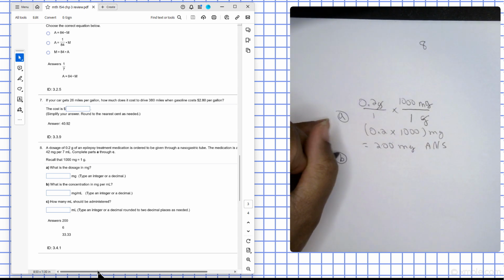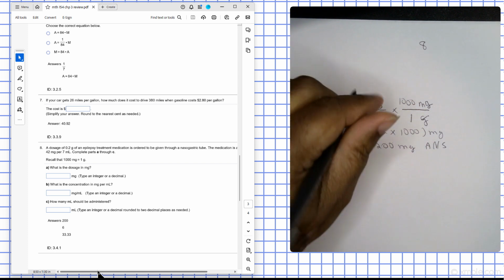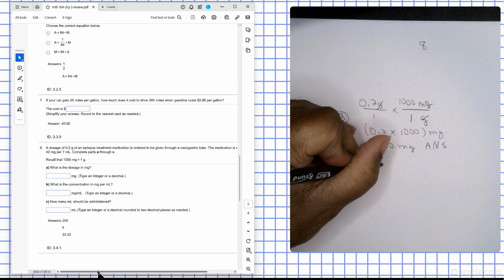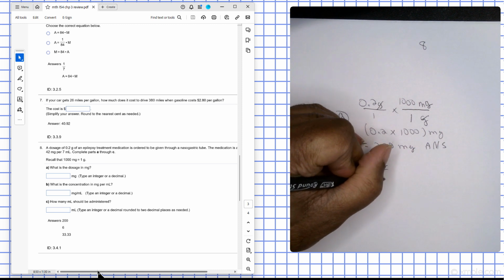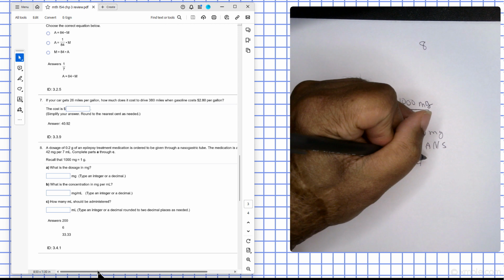Part B, the concentration in grams per 1 milliliter. The only thing they tell us there, they give us this rate here, 42 milligrams for every 7 milliliters. So to do it for every 1 milliliter, we divide everything through by 7.